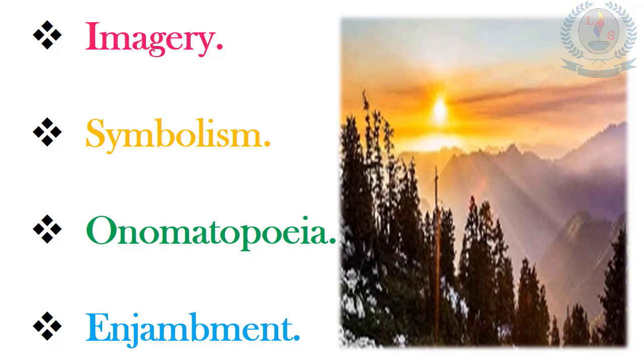Then let's move to the next technique, that is symbolism. Symbolism is the use of symbols to signify ideas and qualities by giving them symbolic meanings that are different from their literal meanings.